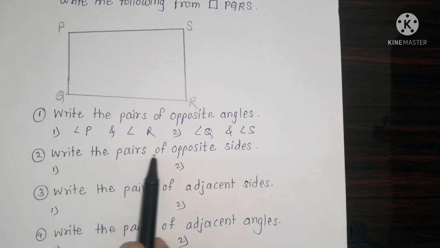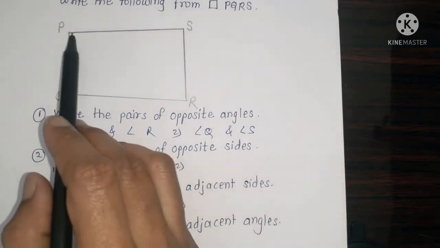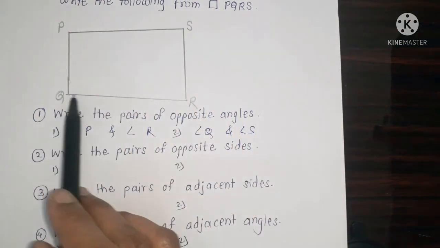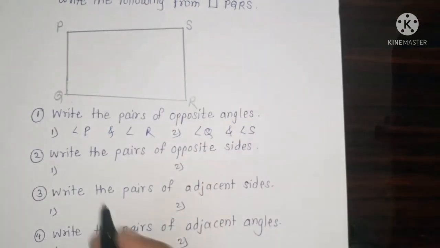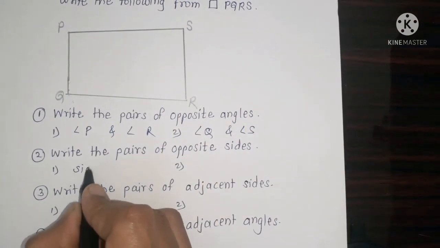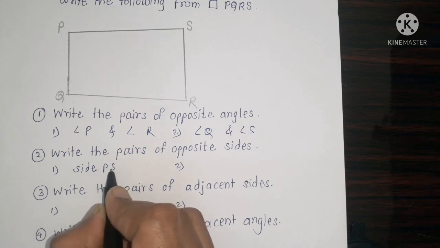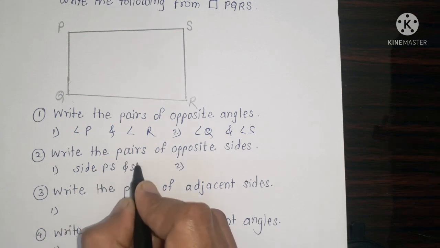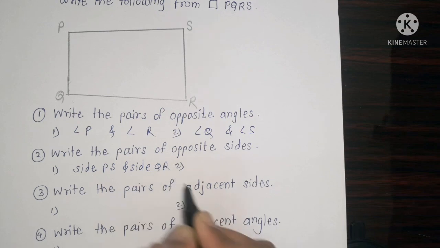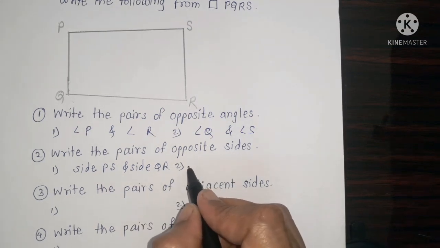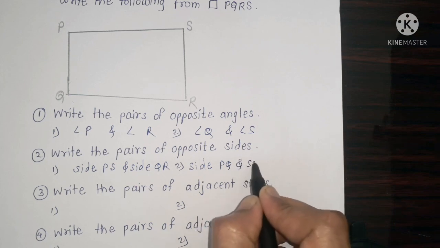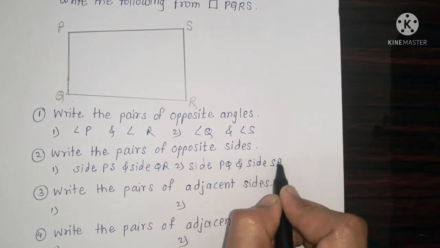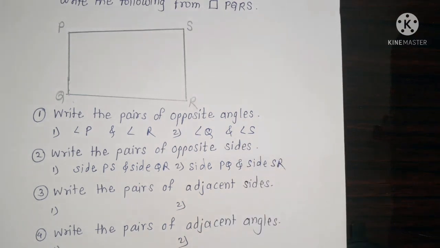Question 2. Write the pairs of opposite sides. Side PS is opposite side QR, and side PQ is opposite side SR. Second pair, side PQ and side SR are opposite sides.